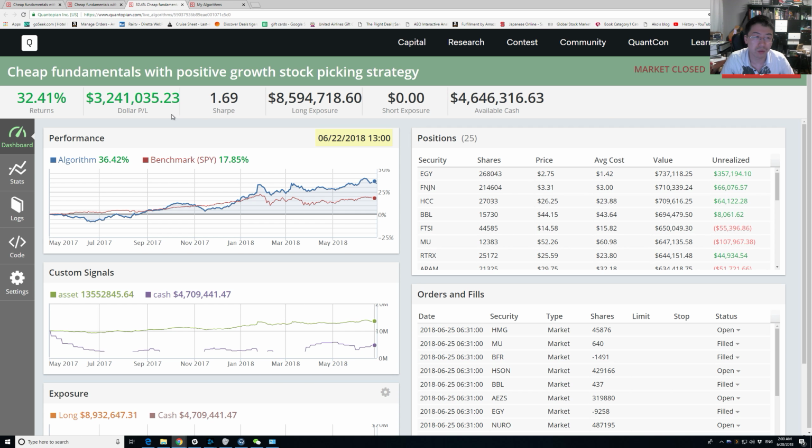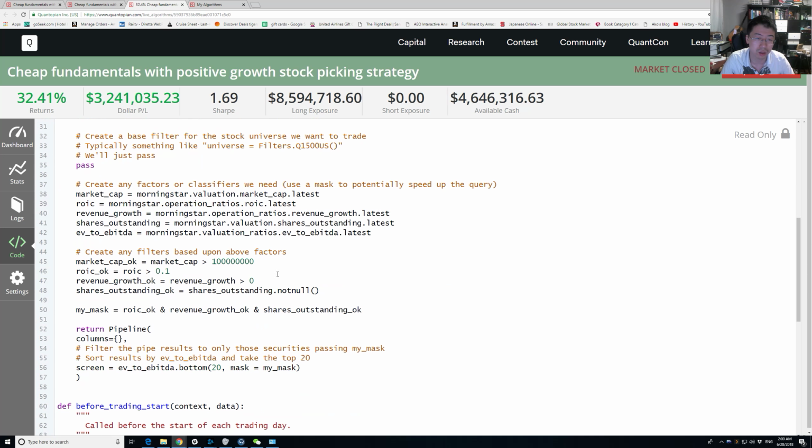with this, because they force you to use $10 million, and then my filter is for a company that's greater than 100 million market cap, which is quite small. Right? These things are a lot less liquid than you think, and so on average, the position in here is going to be 500K, because it's 10 million divided by 20.